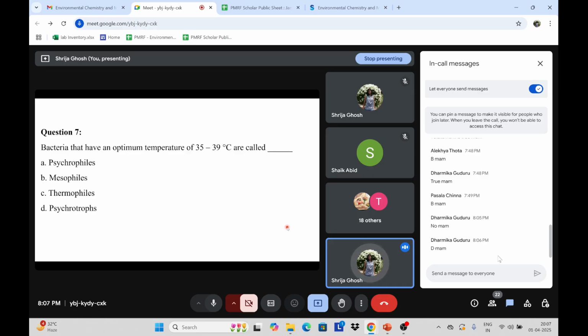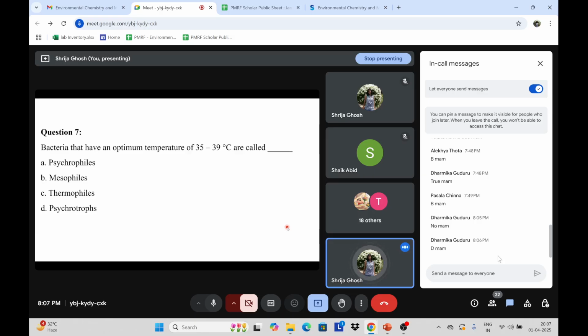Okay, we have one answer, psychrotrophs. What about others? Bacteria that can grow between 35 to 39 degrees Celsius, what are they called?